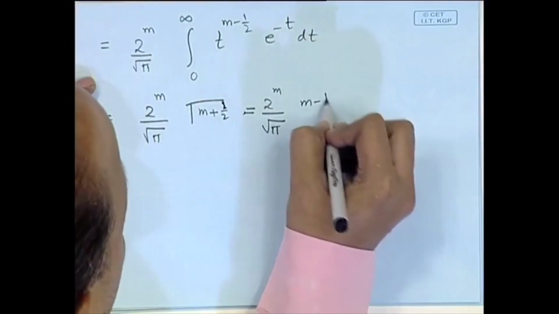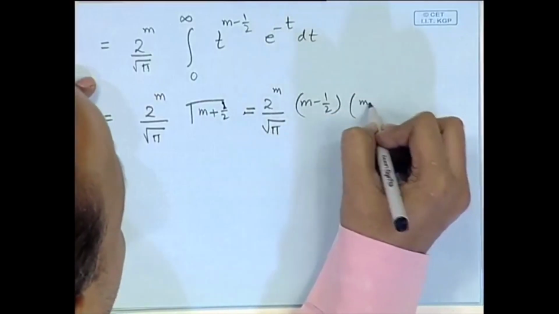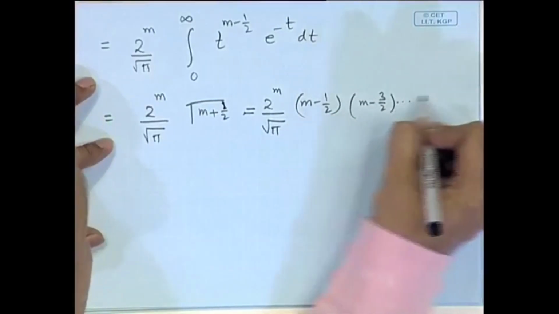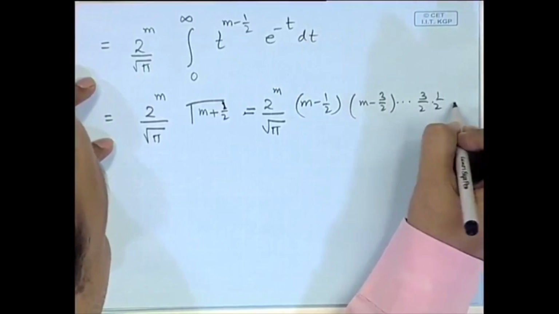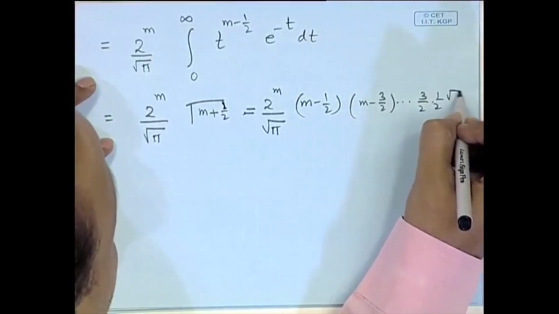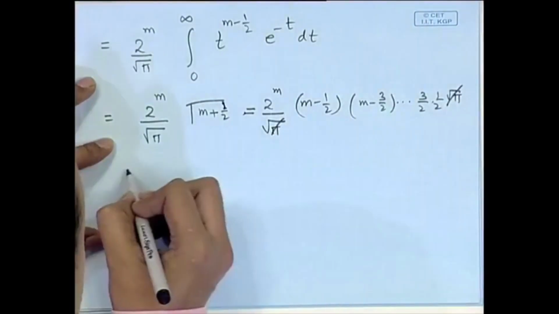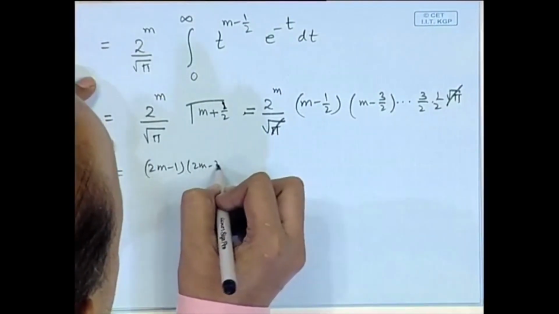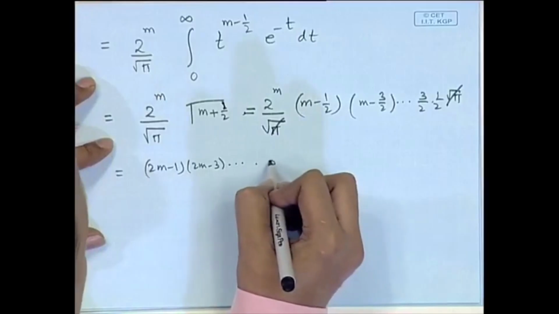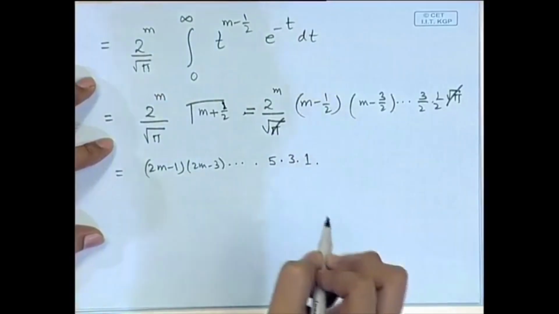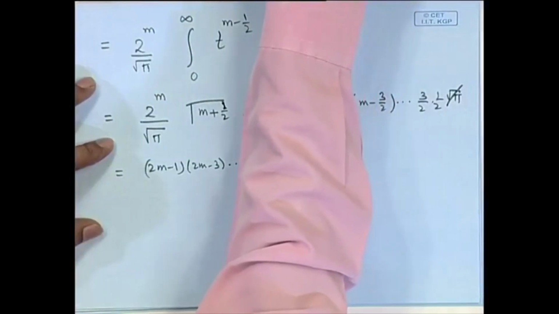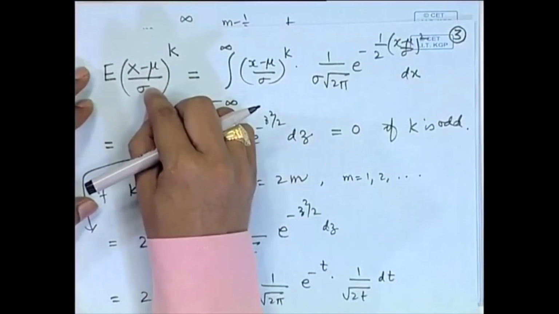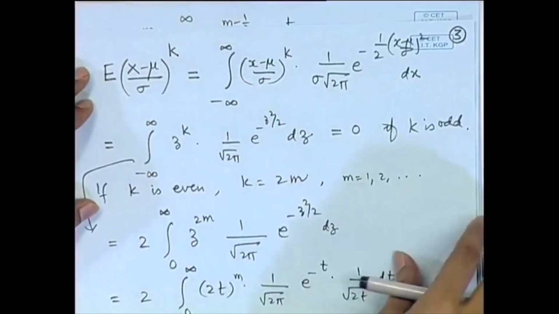We can write it as m minus half, m minus 3 by 2 and so on up to 3 by 2, 1 by 2 and gamma half, that is cancelling out. So, it is equal to 2m minus 1, 2m minus 3 and so on up to 5, 3, 1.